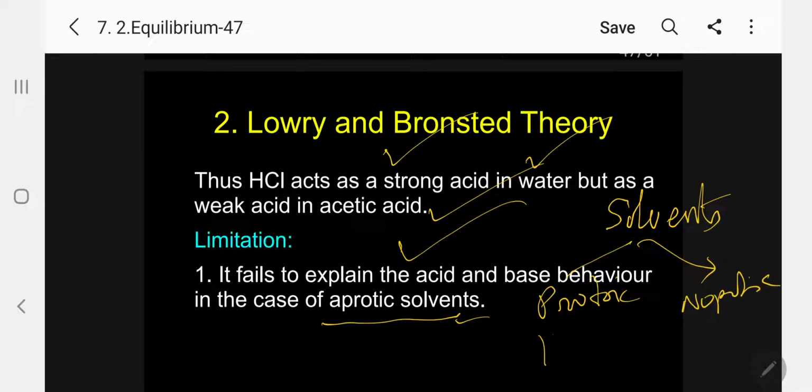Protic means containing H plus, like HCl, sulfuric acid, nitric acid. Aprotic means without hydrogen. Liquid carbon dioxide, liquid ammonia and liquid sulfur dioxide are all aprotic solvents. So it fails to explain acid and base behavior in aprotic solvents.